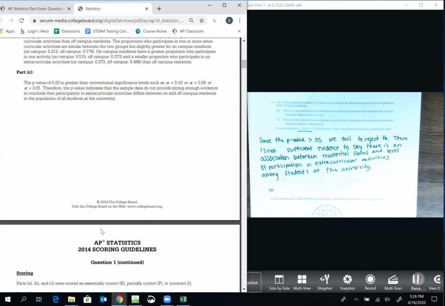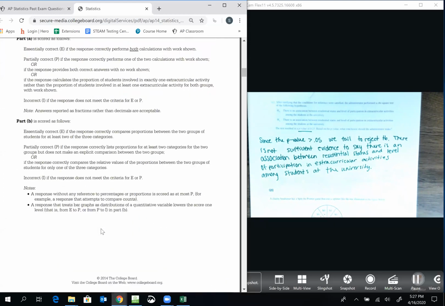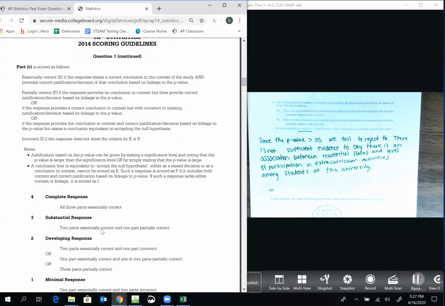Since the p-value is greater than 0.05, we fail to reject H0. There's not sufficient evidence to say that there is an association between residential status and level of participation in extracurricular activities. Essentially correct if the response states a correct conclusion in context of the study and provides correct justification/decision of the conclusion based on a linkage to the p-value.